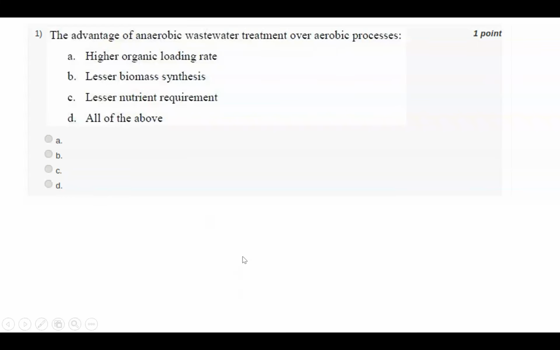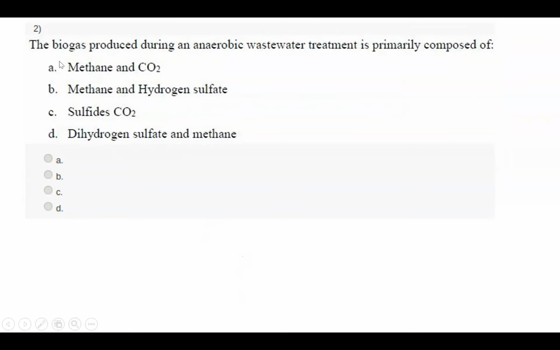Then second question, the biogas produced during anaerobic wastewater treatment is primarily composed of. That we have discussed. What will be the answer? A, yes, methane and CO2.